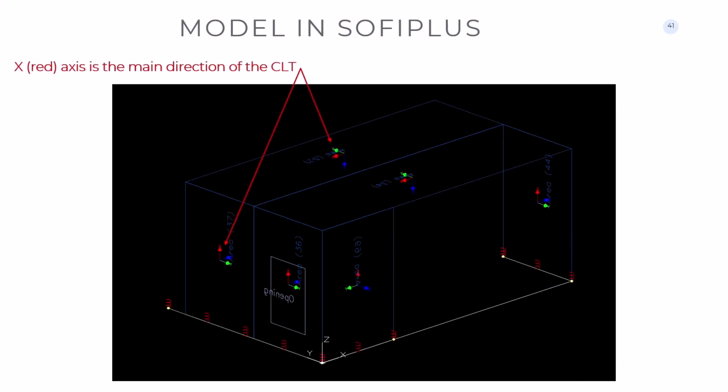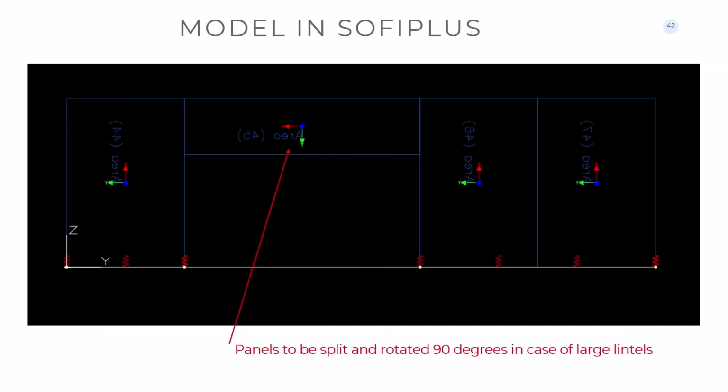The second thing is that by using the X axis wisely, we can define, as I was showing, the orthotropic material, which has different stiffness in two directions. So it's very easy to define with the axis which is the main direction of the CLT product.